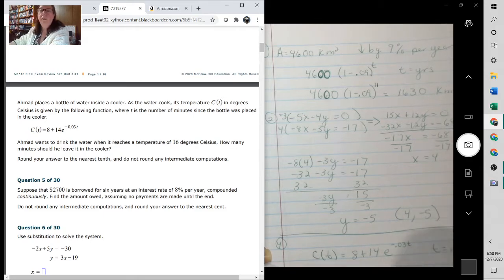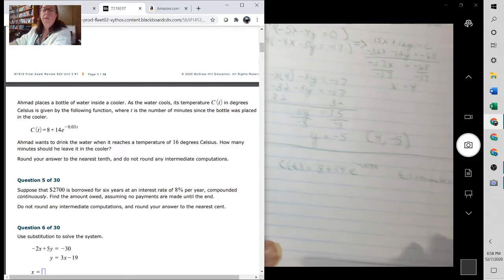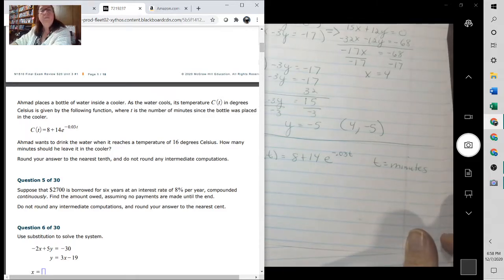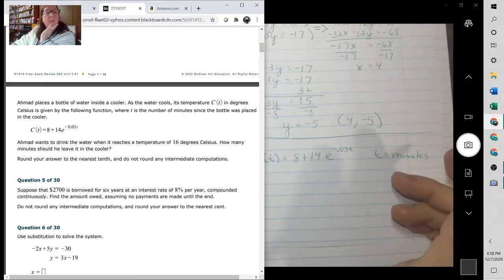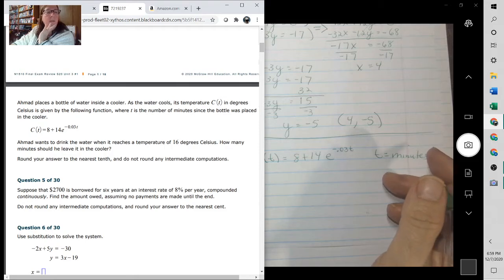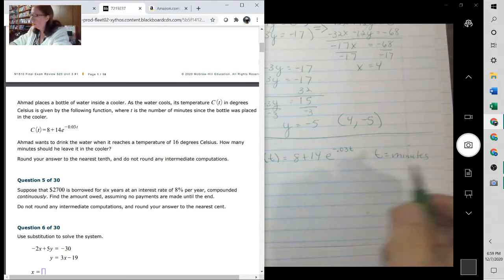And T was in minutes. Maud wants to drink the water when it reaches a temperature of 16 degrees Celsius. How many minutes would that be? Round answer to the 10th.